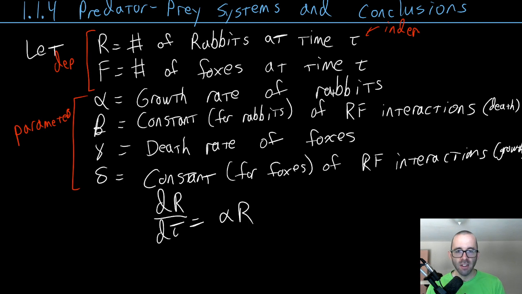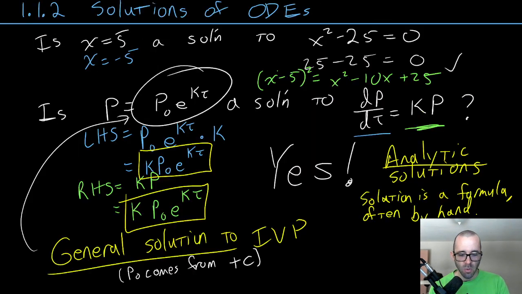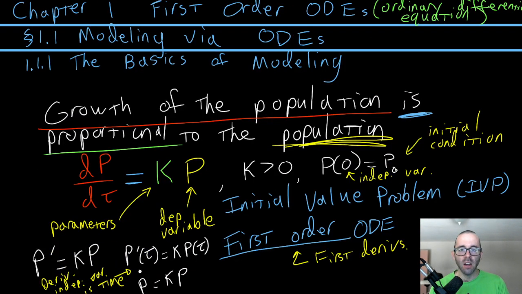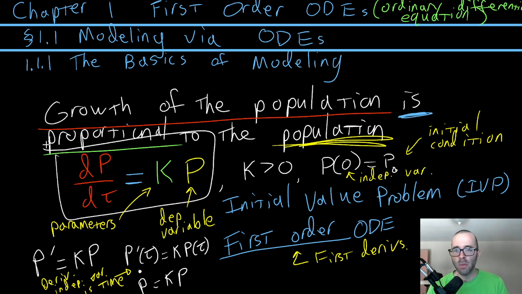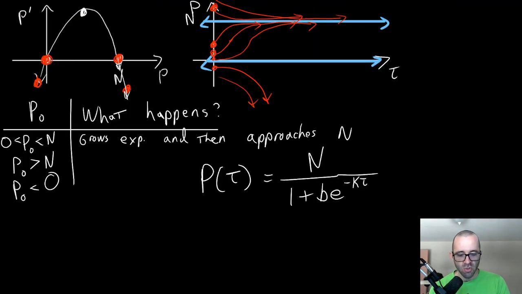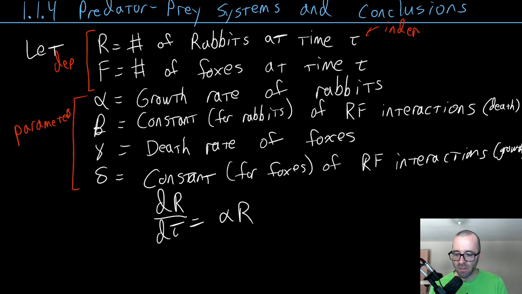If there were no foxes at all, it would just be the growth rate times the population. We started this whole class with that situation. If we had unlimited growth, the rate of change of a population is proportional to the population itself. So if there were no foxes, this would be how the rabbits grow.